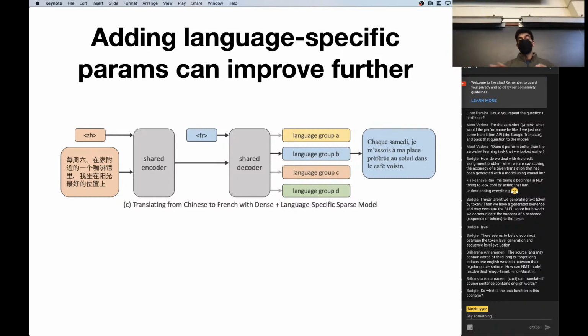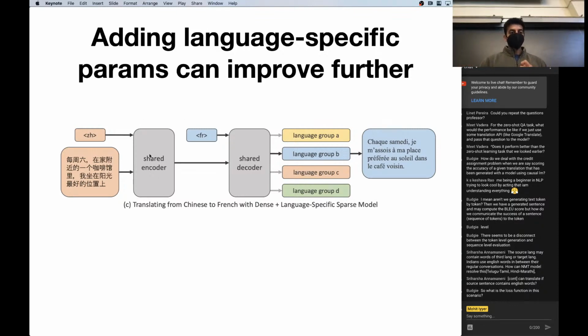They did some stuff with language families as well, and they found small improvements by having not just a single token identifying language, but also having a small set of parameters tuned for a particular language. So this is again in the vein of keeping most of your model frozen, adding a very small number of language-specific parameters.